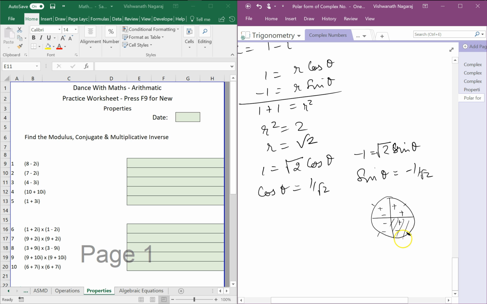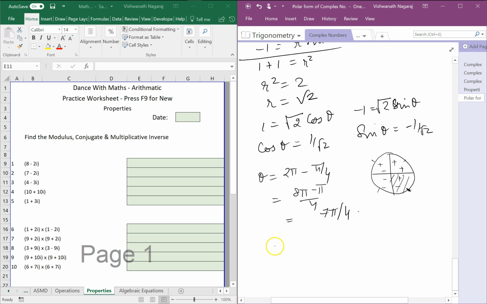So we can say 2π minus 45 degrees. So θ is equal to 2π minus π/4, which is 8π/4 minus π/4, which is 7π/4.